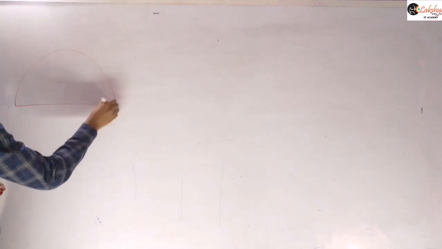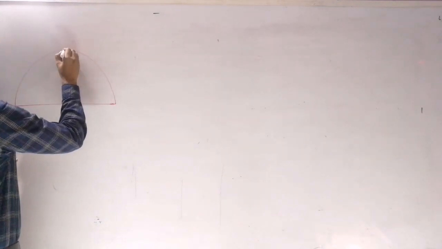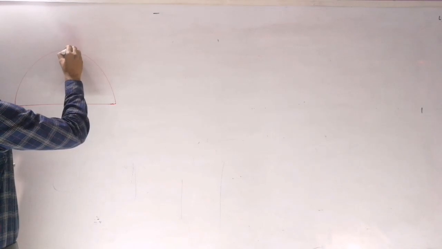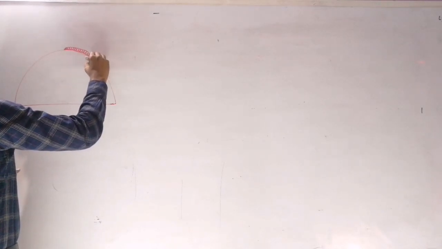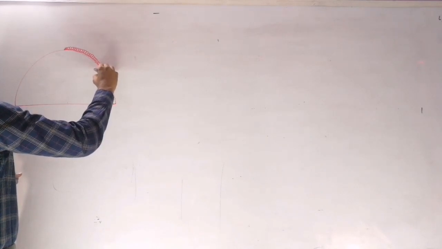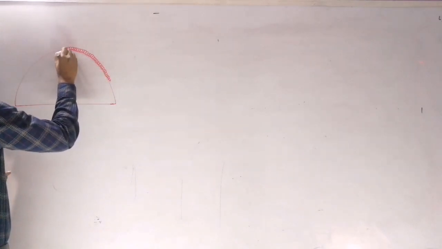So next let us write some problems based on this. I will give a simple problem, potential energy calculation. I am taking an object like this. A chain is placed like this on a hemispherical bowl.